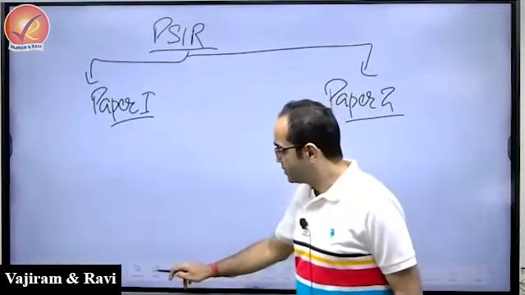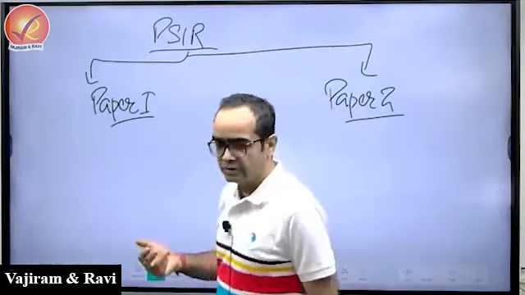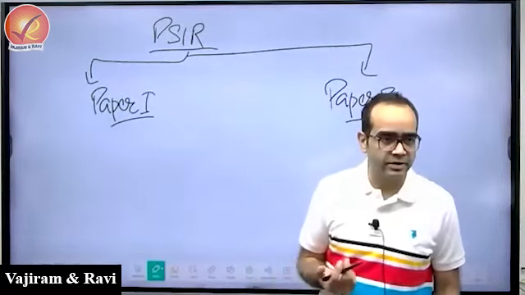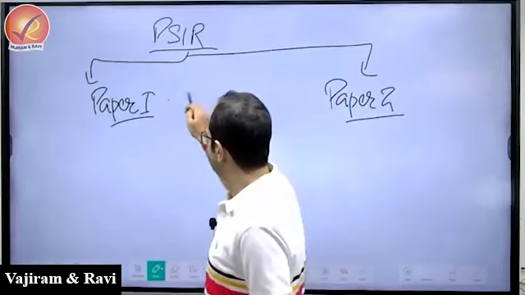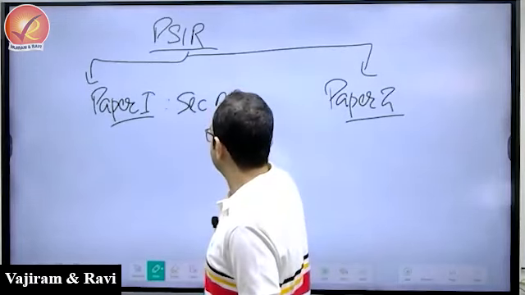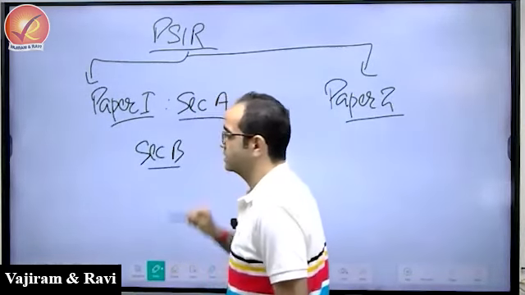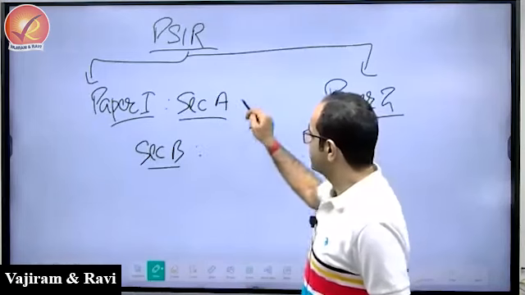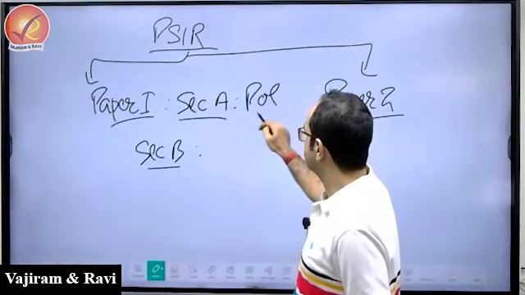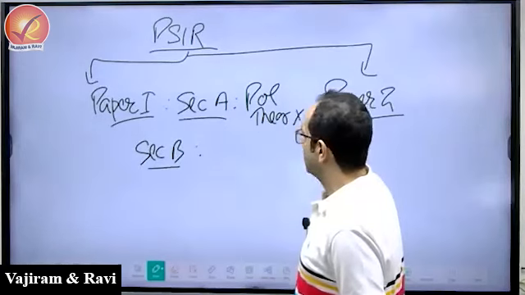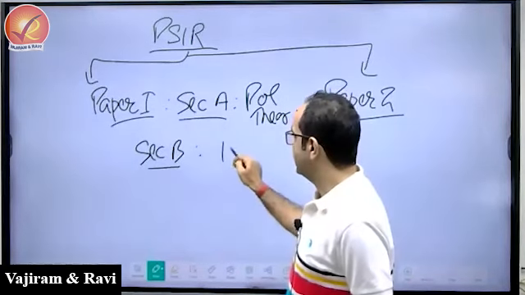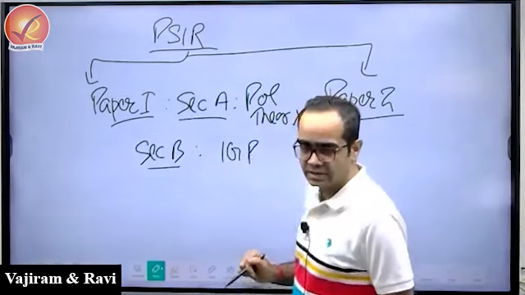Paper 1, as you can see on the first and second page of your syllabus, consists of section A as well as section B. Section A consists of political theory, while section B consists of Indian government and politics.